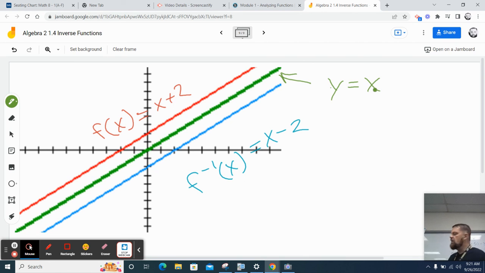So whenever you have a function and you find its inverse, they will always mirror across the diagonal, which is y equals x. If you notice, the red line mirrors the blue line symmetrically across that green line. Okay, that's always the case.